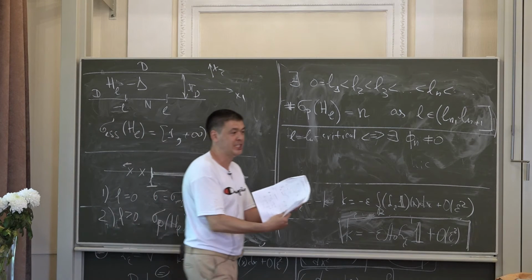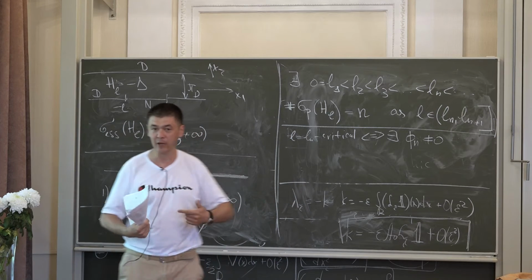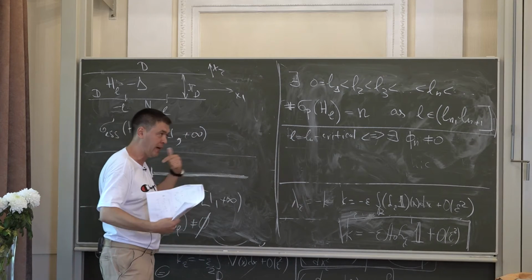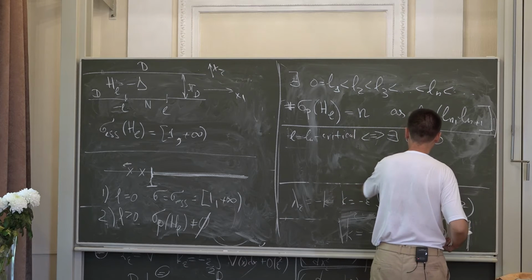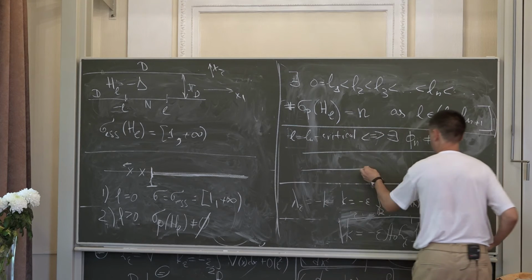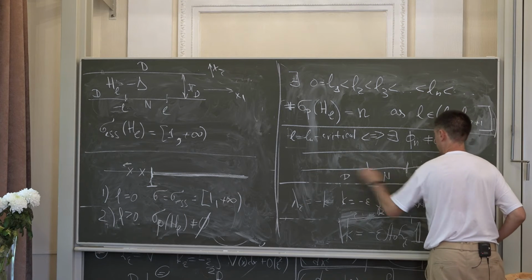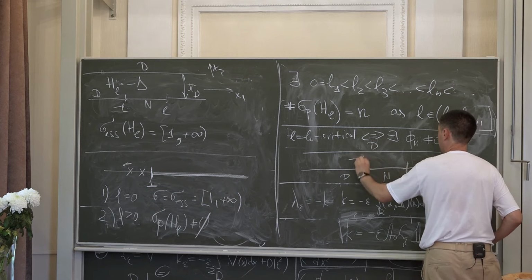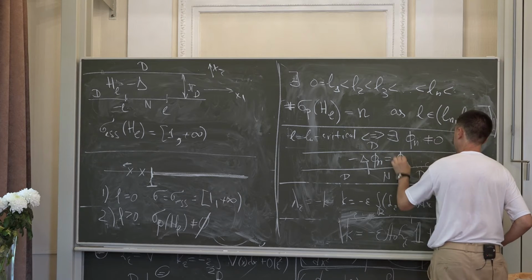So when does it happen that we have a new eigenvalue? For which L should we pass through to get this new eigenvalue? For such L, I should solve the boundary value problem.